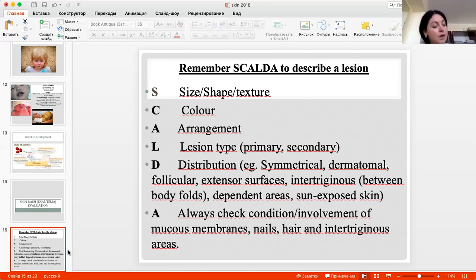And A, at the end, always check the condition of the mucous membrane, because it's often seen that the mucous membrane may be affected as well, and may present some elements of rash, and it is called enanthema.